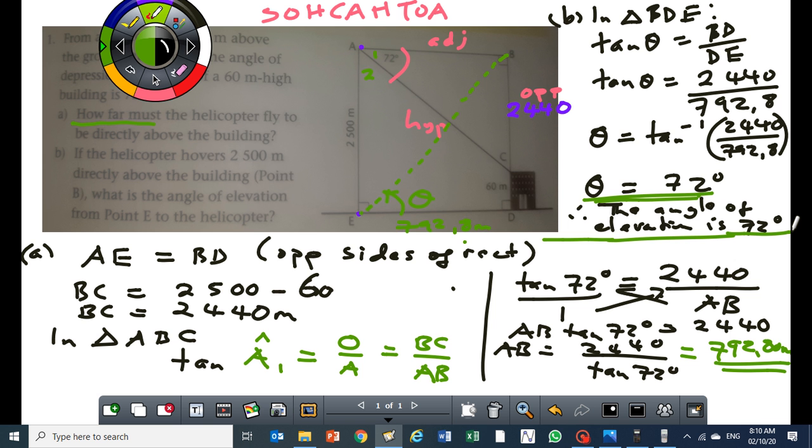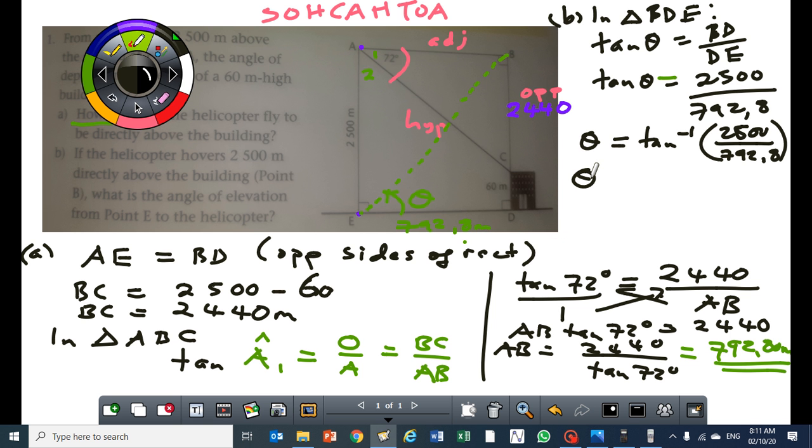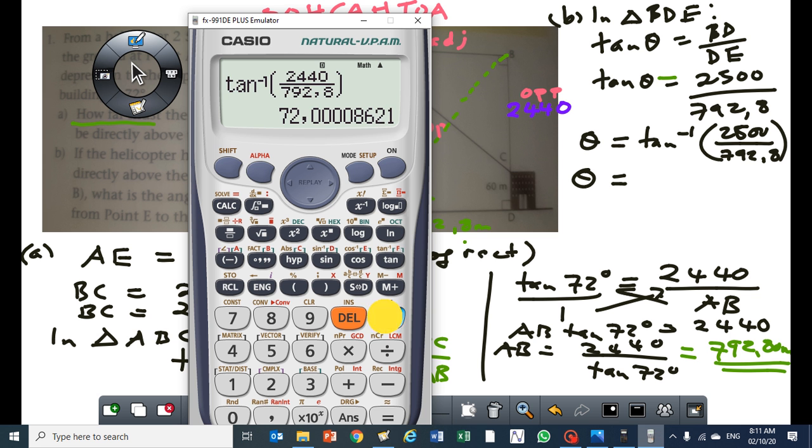Yes, sir? Okay, it's the way that I wrote my 2 zeros. All right, so this becomes shift tan of 2,500 divided by 792.8. So you get 72.41 degrees.